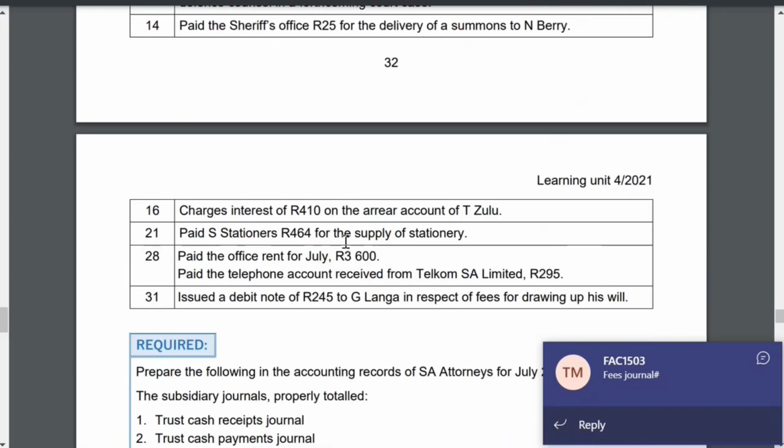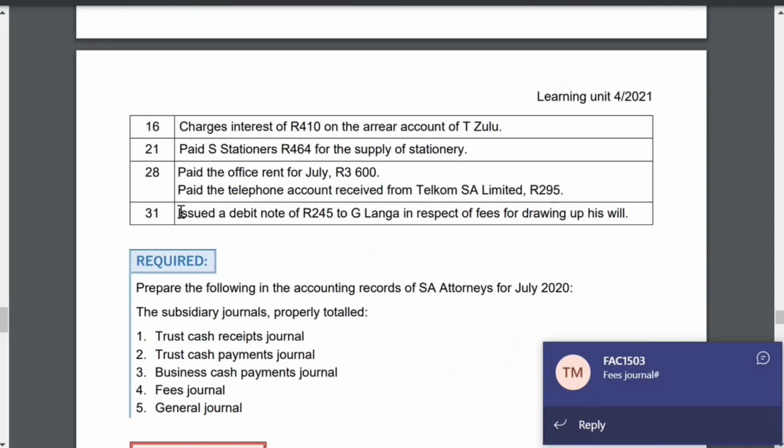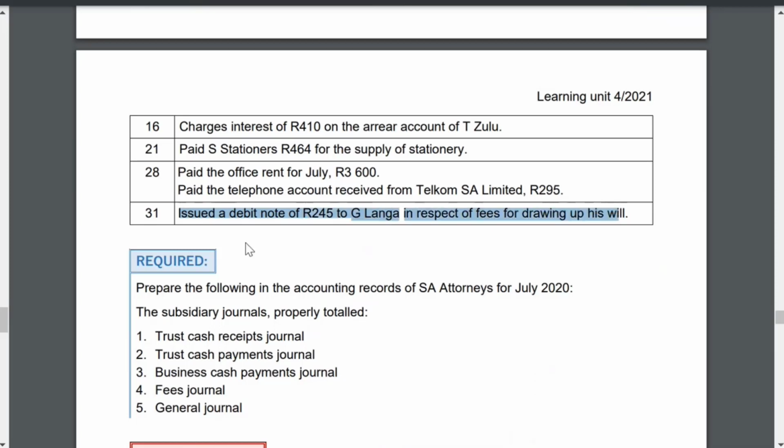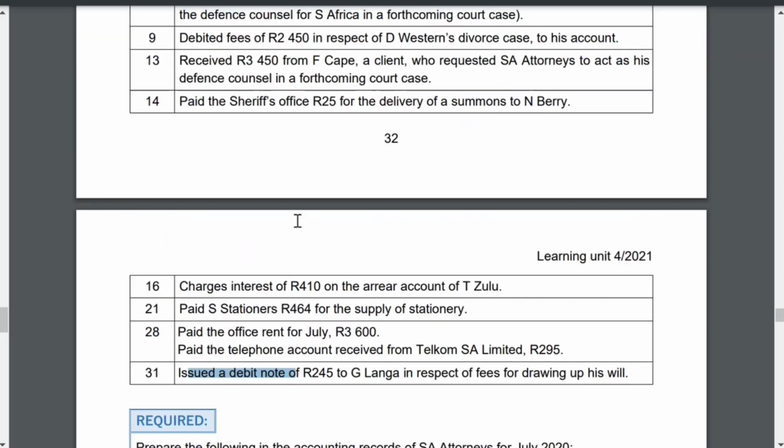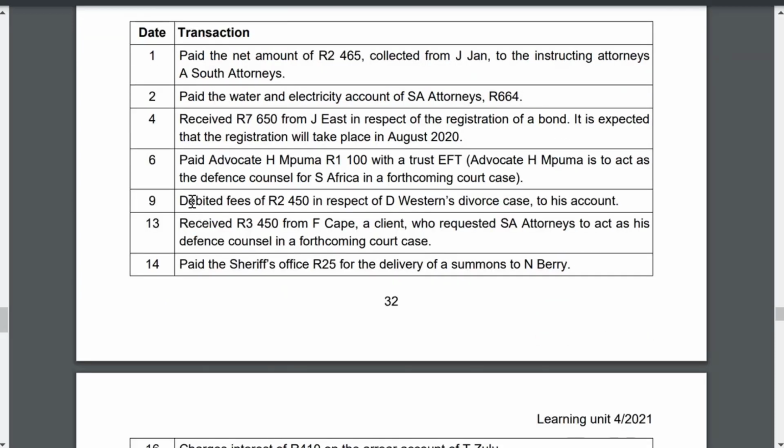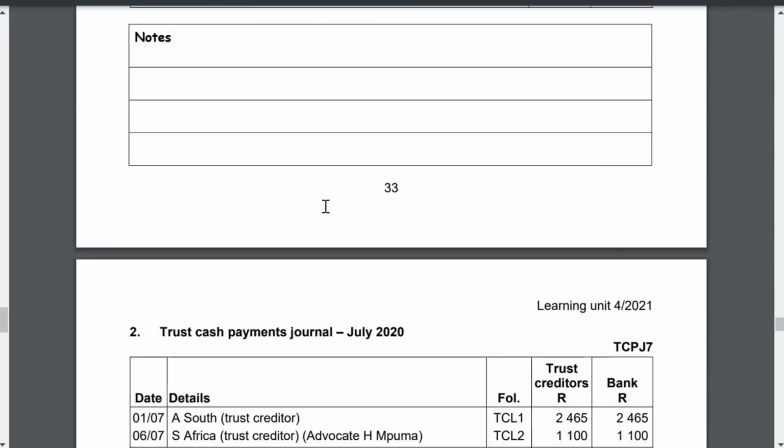Guys, can you see that you need to read this carefully? Basically this is saying SA Attorneys invoiced G. Langa 245. Transaction number 31. And when you look at transaction number 9, it's also saying SA Attorneys invoiced D. Western 2,450.